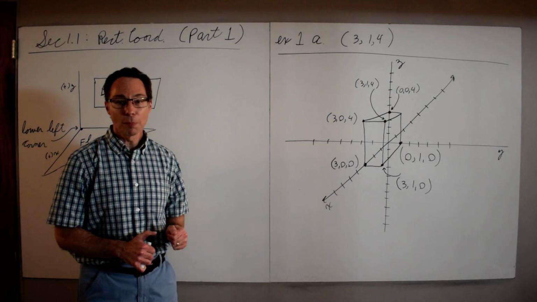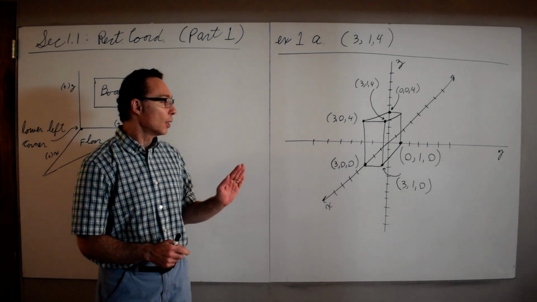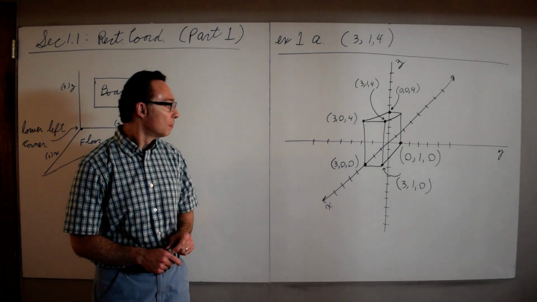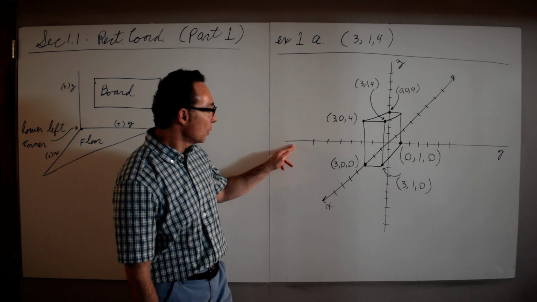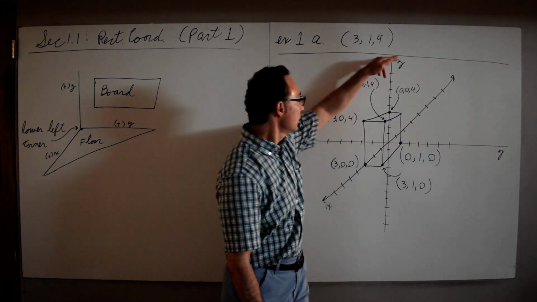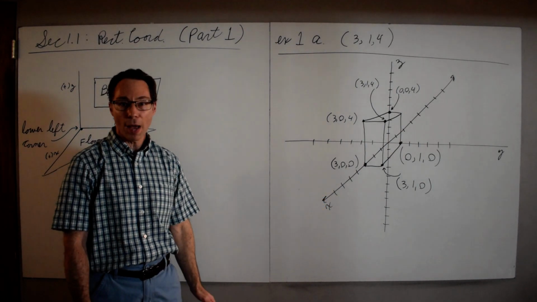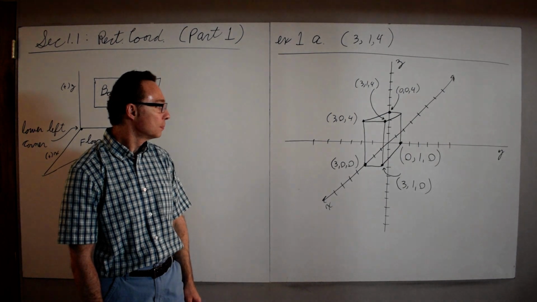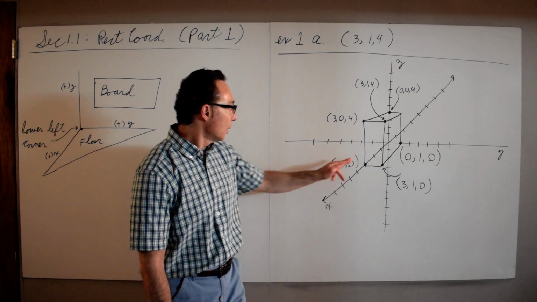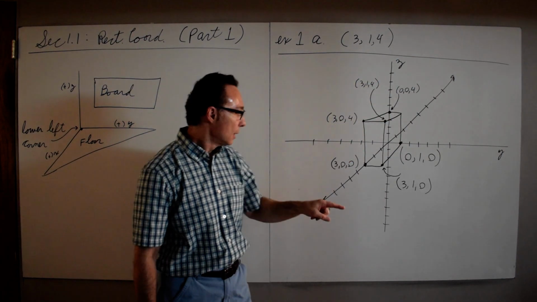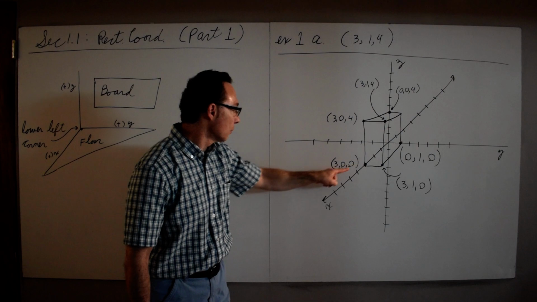So we have to basically draw an optical illusion and give this the appearance of depth. First, I start by drawing the y-axis and the z-axis because they're the easiest. They're the traditional x and y axes from two dimensions. Then you draw the x-axis at about a 45-degree angle.